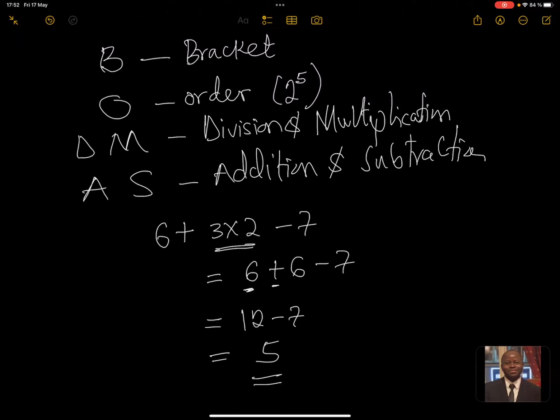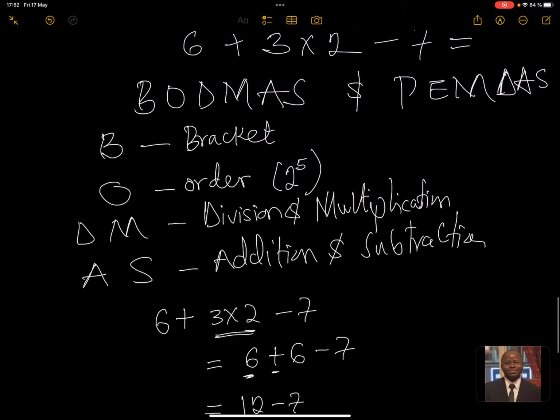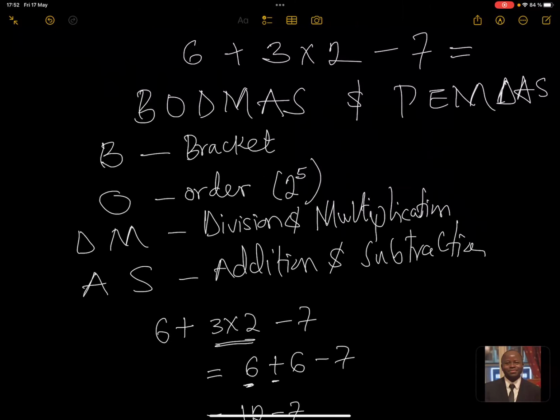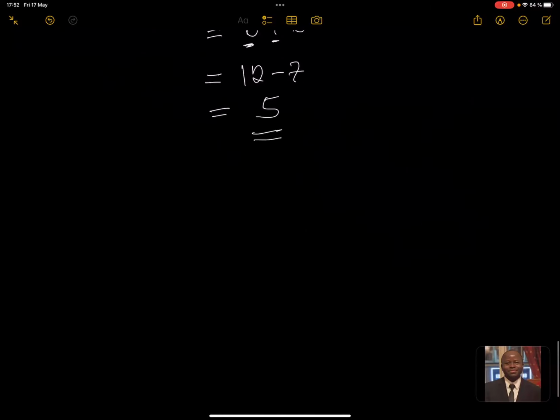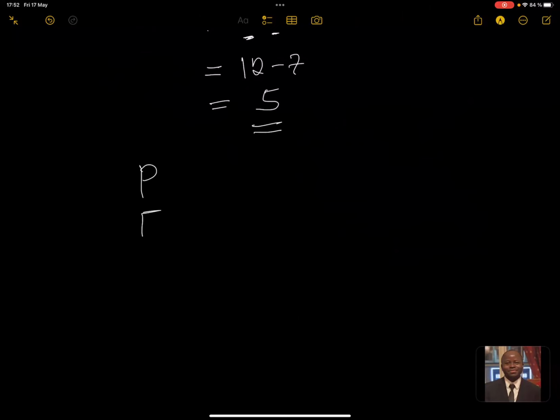So this is what BODMAS is all about, and this is how to apply it. What about PEMDAS? It's the same. They are both equivalent. So you write that as P, E, M, D, then A, S. This P here is the same thing as brackets.